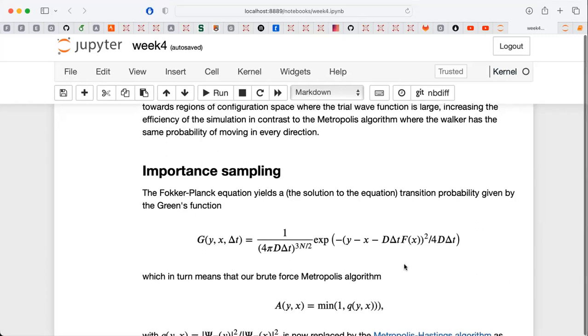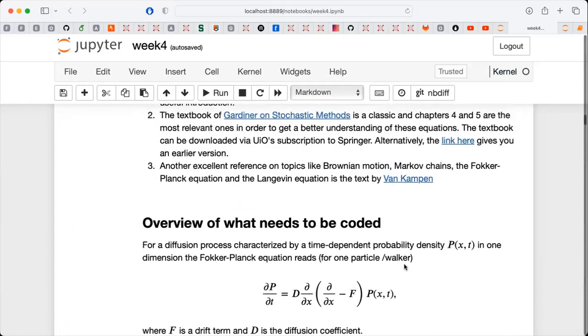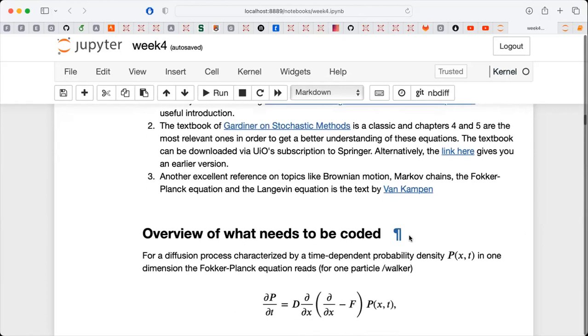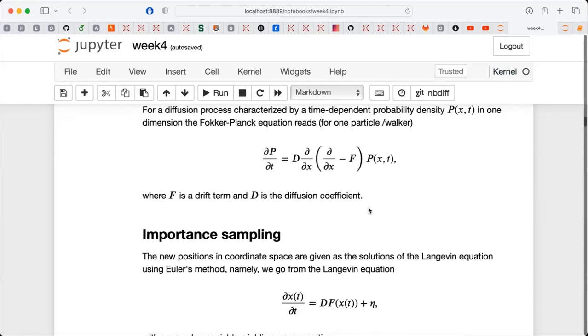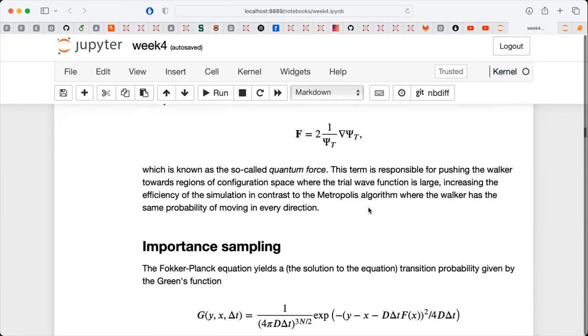We are not going to derive this in this course. You can look up the derivations in the textbooks which I mentioned here, for example Van Kampen's textbook, if you're interested. But we are just going to use these results. That's the basic philosophy here.